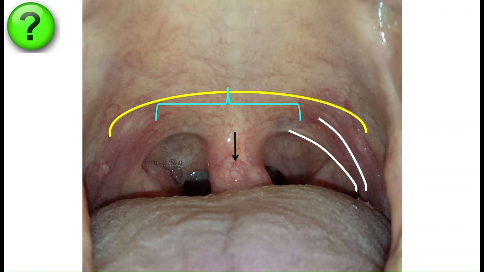It is worth mentioning that the soft palate, the same as that of the tongue, is made of two halves, a right one and a left one, during early development, and before birth they join and form a fully functional soft palate.